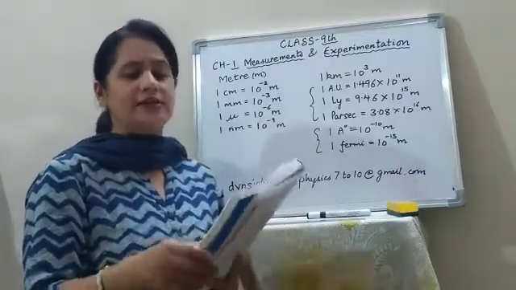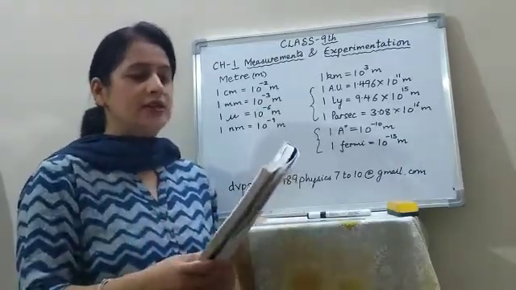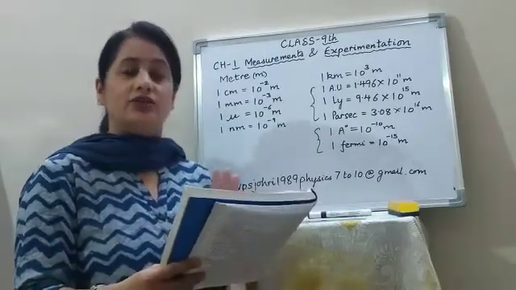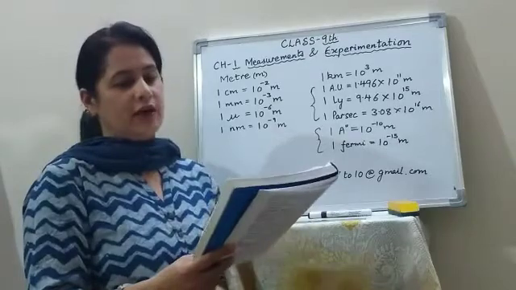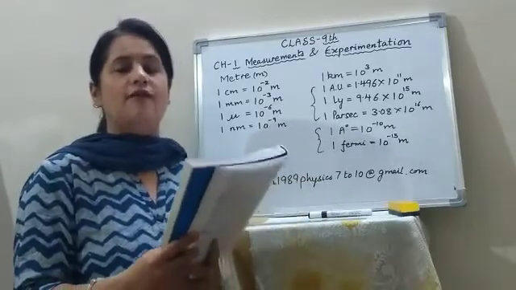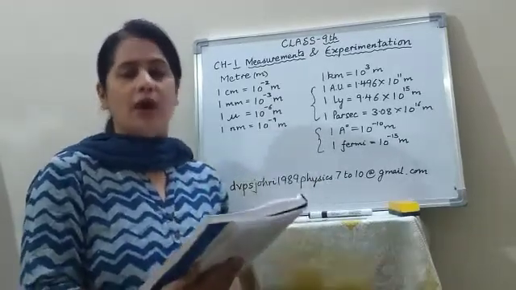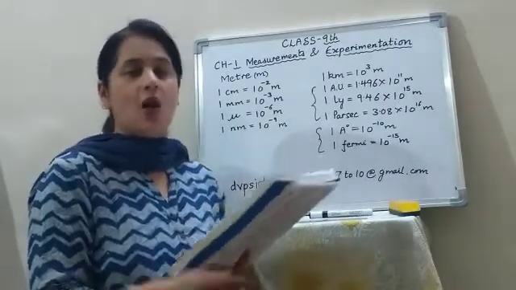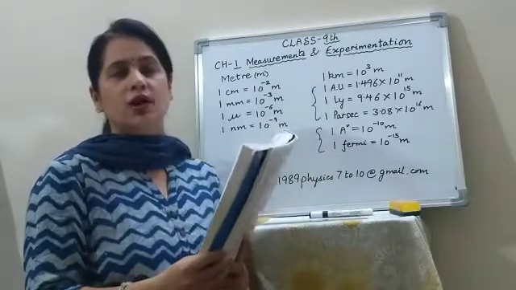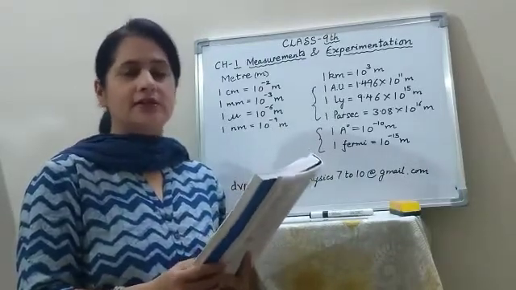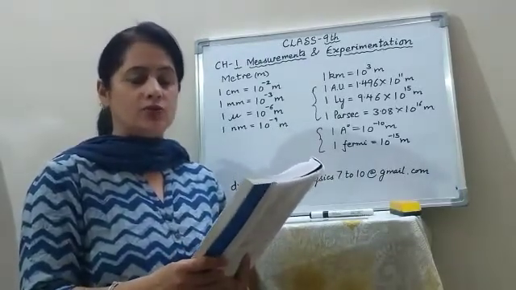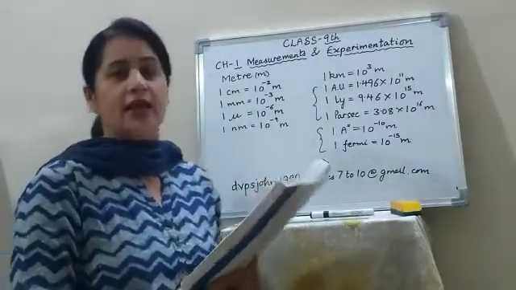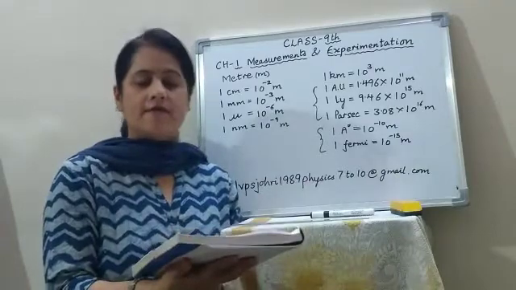Now in 1960 the meter was redefined, and in 1983 again it was redefined in terms of speed of light, according to which 1 meter is the distance travelled by light in 1/299,792,458 of a second in air or vacuum.